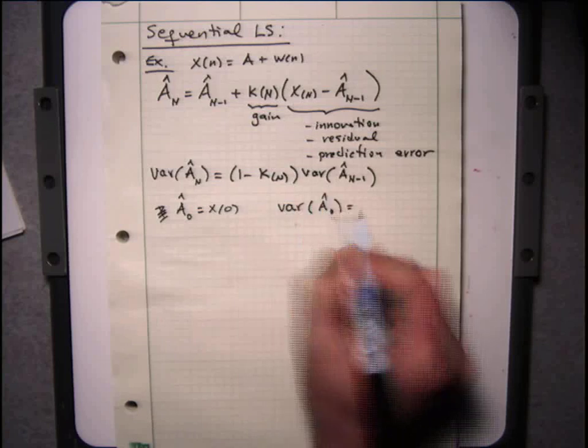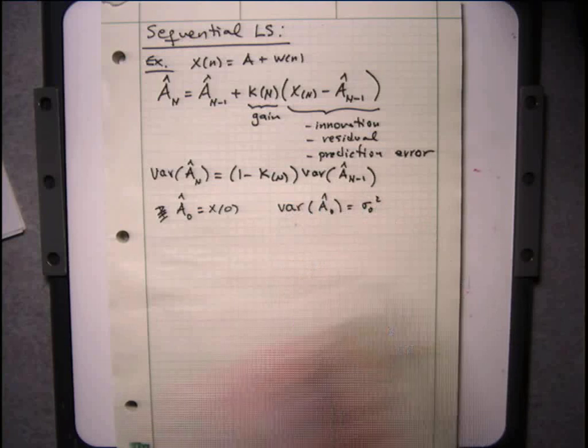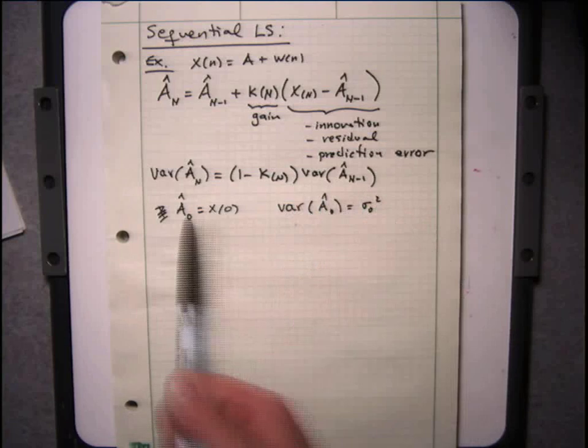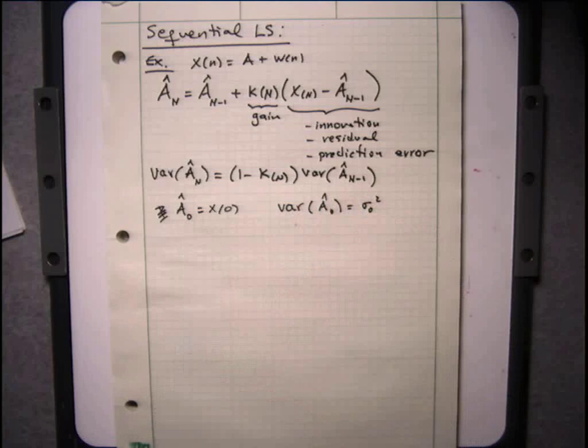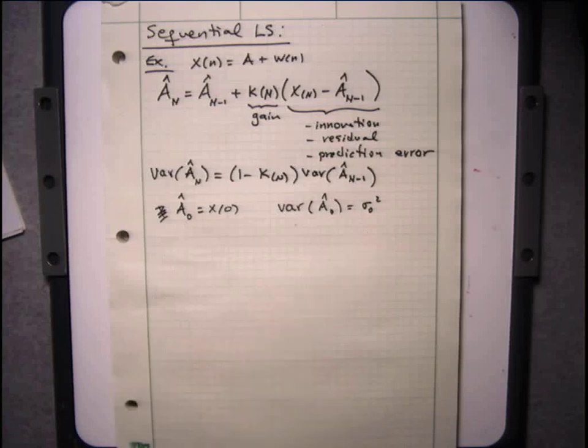You have to pick something for that, and you can pick that to be some number. And as you'll see, the effect of these things will be felt, but hopefully not for very long. In other words, you want the accuracy of the estimate at the end not to depend ultimately on what you guessed as your first estimate.